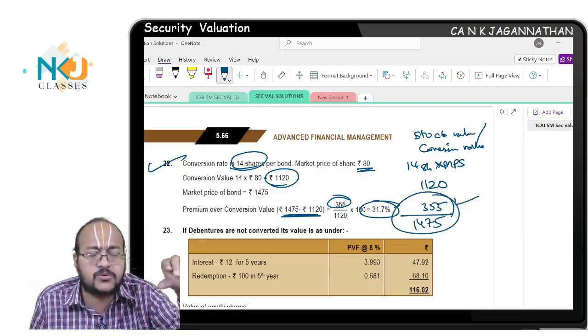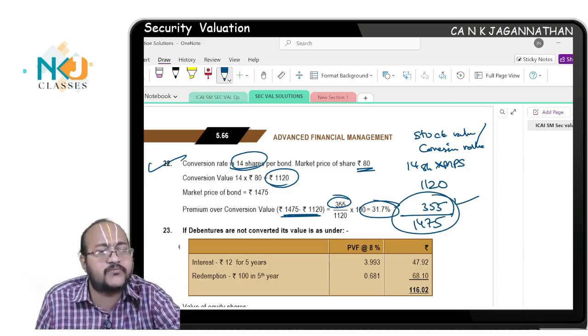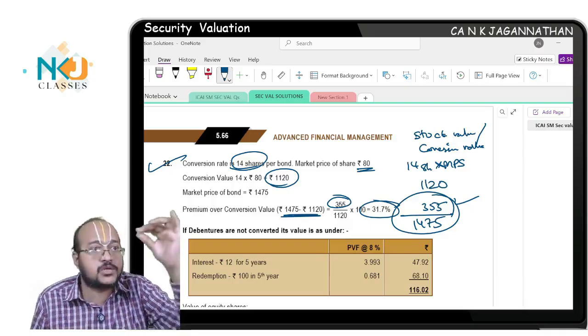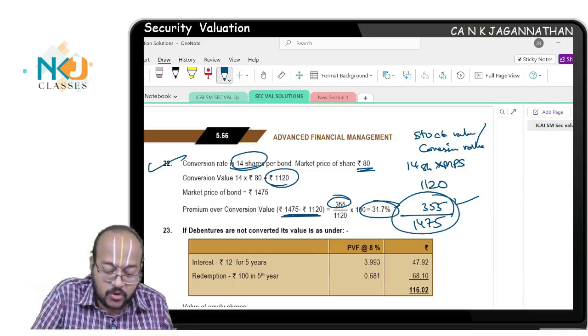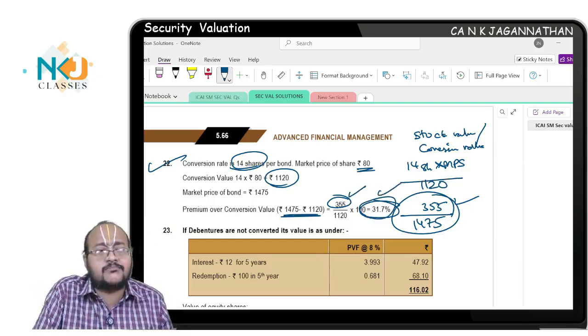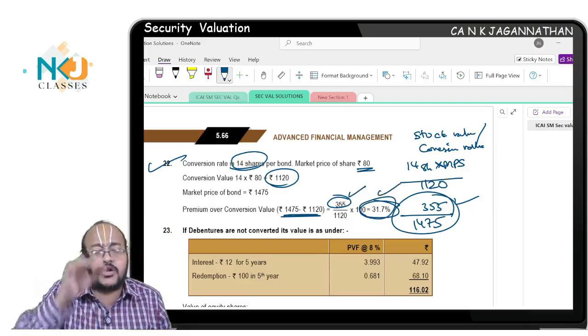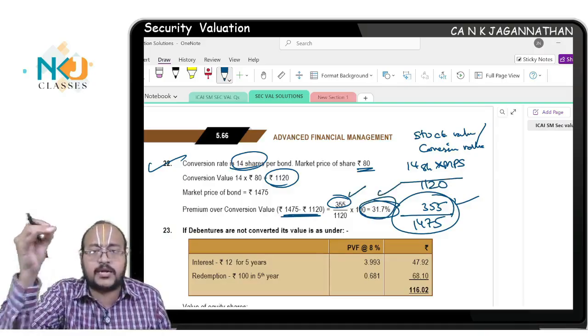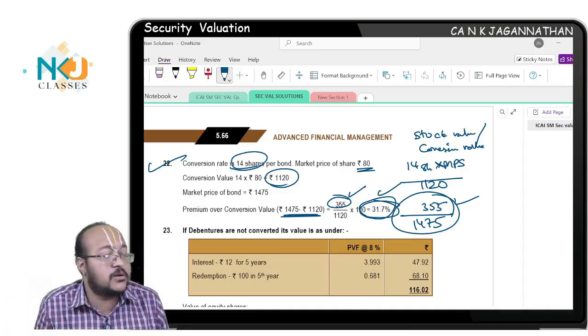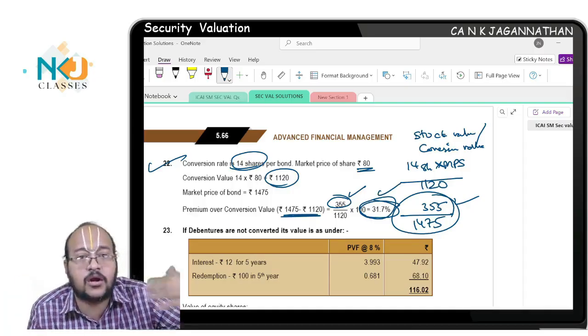But what you should do in the examination: if the conversion premium percentage is asked, carefully observe what the choices are. You compute 355 by 1120, which is 31.7%. If the choices given are 20%, 25%, 32%, and none of the above, don't mark 32% or none of the above.